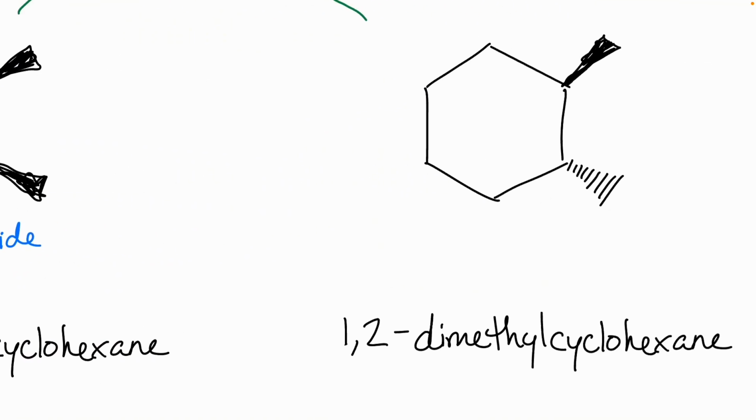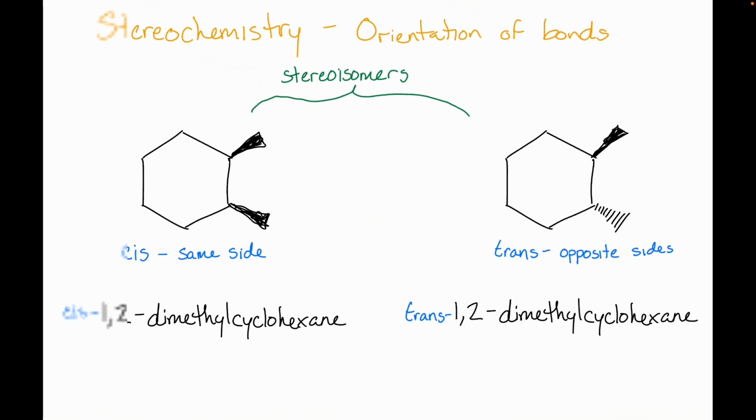And the other one, where they're located on opposite sides, is the trans isomer. So this would be trans-1,2-dimethylcyclohexane.